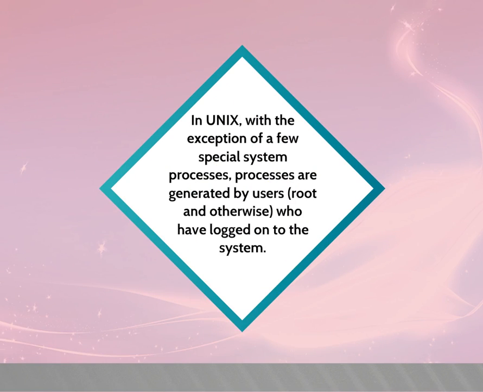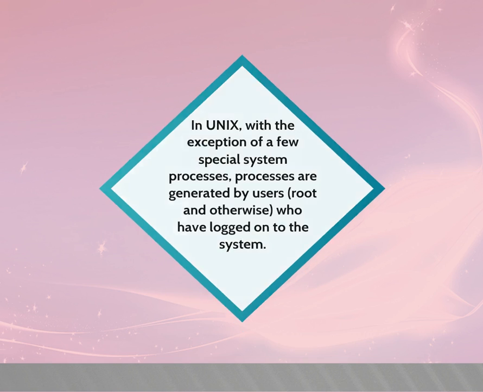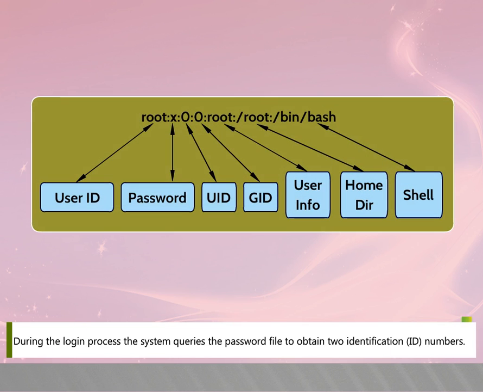In Unix, with the exception of a few special system processes, processes are generated by users, that is root and otherwise, who have logged onto the system. During the login process, the system queries the password file to obtain two identification, that is ID numbers.